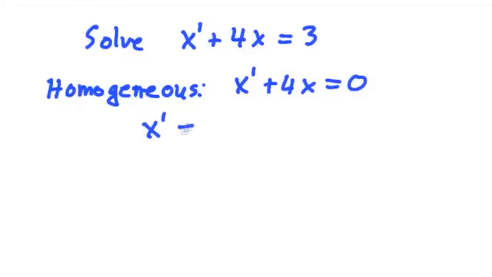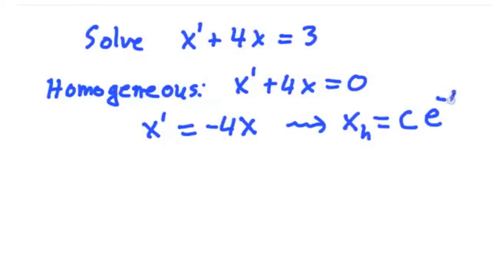This is just an equation. If I rewrite it, x prime equals minus 4x, that's exponential decay, and we know the solution here. It's x sub h, h for homogeneous, is some constant times e to the minus 4t. You can always check this if you don't believe it. Differentiate x h and I get minus 4 times x h, which is exactly what the equation says.